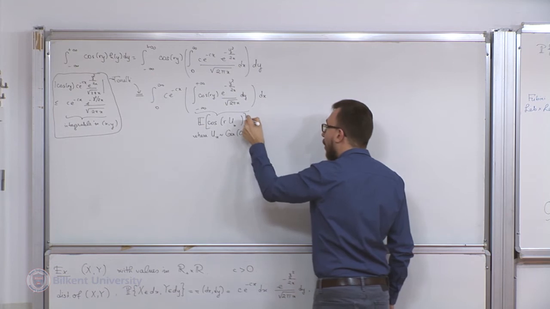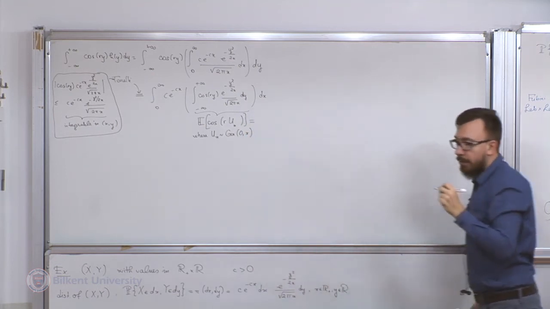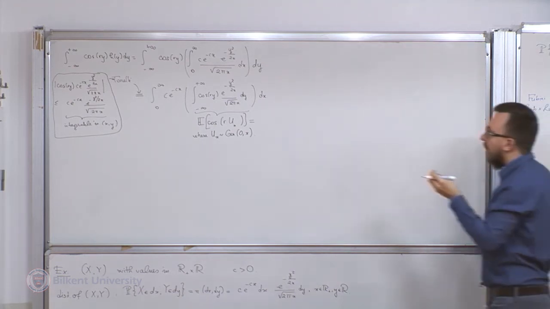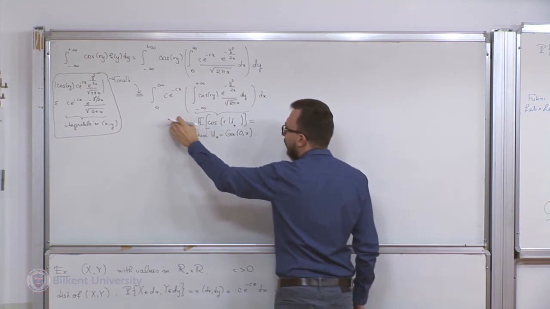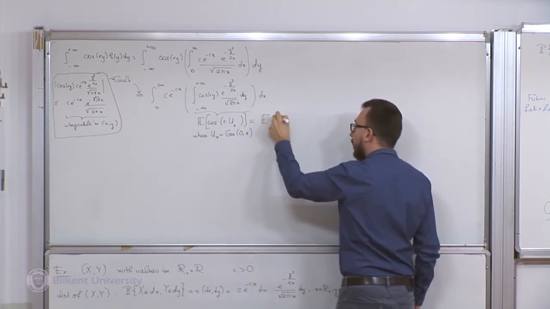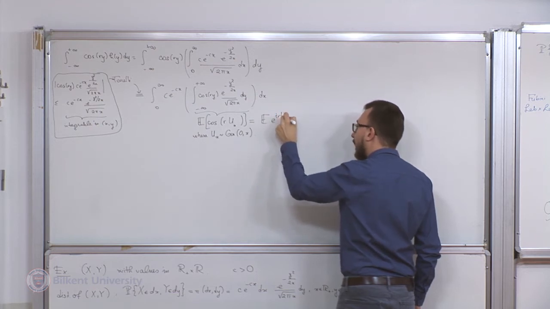And we know a formula for this because in one of the homework assignments, you guys calculated the characteristic function or the Fourier transform of Gaussians, right? So if you remember, the sine part was again 0. So this is, in fact, just the Fourier transform of u of x.